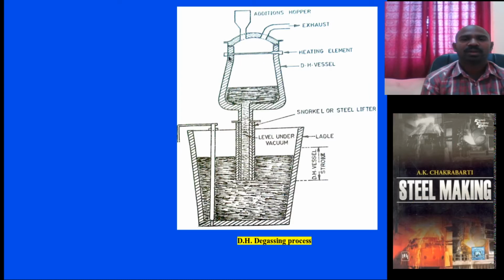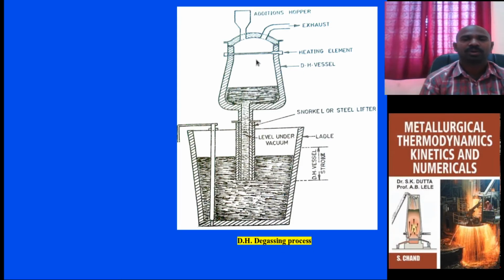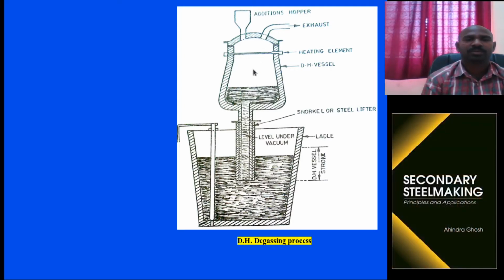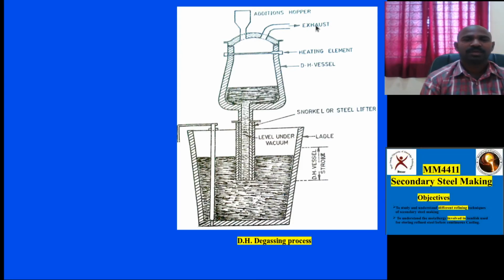This is the heating element, mainly nickel chrome elements are used and heated, for getting the temperature adjustment. The gases which are evolved will go out from this particular exhaust in the form of CO, while hydrogen gas and nitrogen gas will go to the ambient gases.